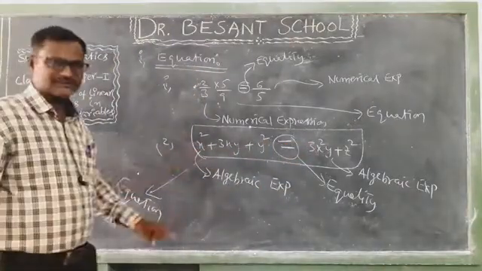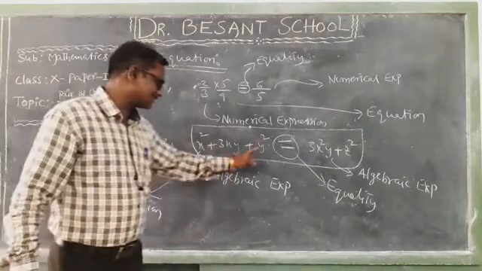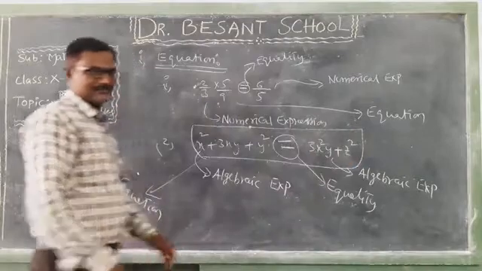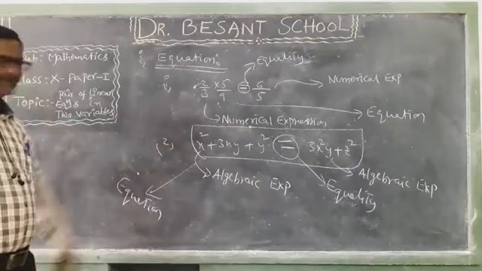So here our equation is x² + 3xy + y² = 3x²y + z². Okay, children? That is also one equation.